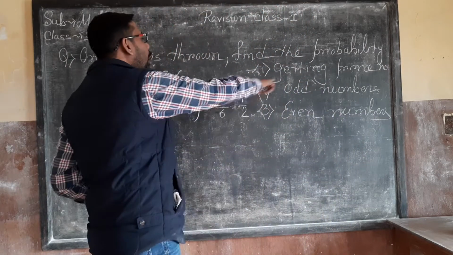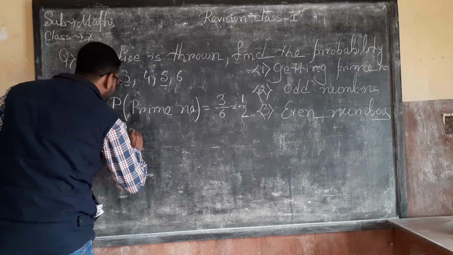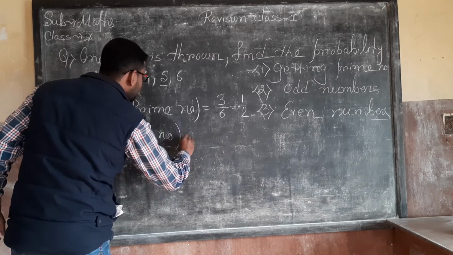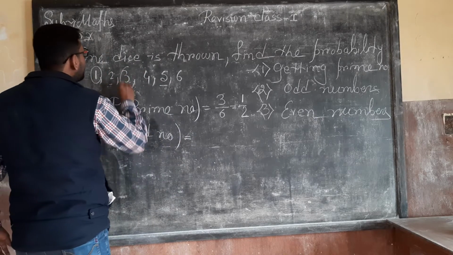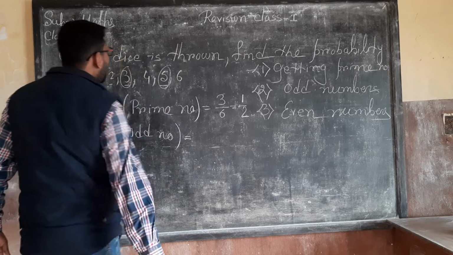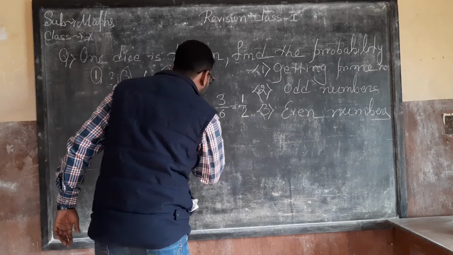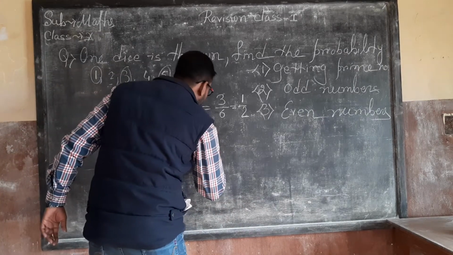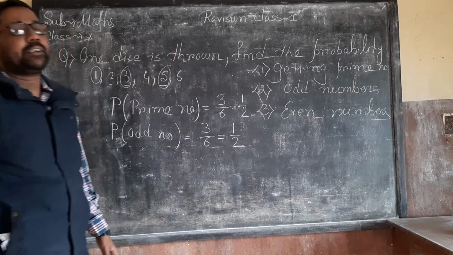Second part, the odd number. The probability of an odd number: 1 is odd, 3 is odd and 5 is also odd, so 3 is the total number of favorable outcomes by the total number of possible outcomes, and this also produces the same result, half.